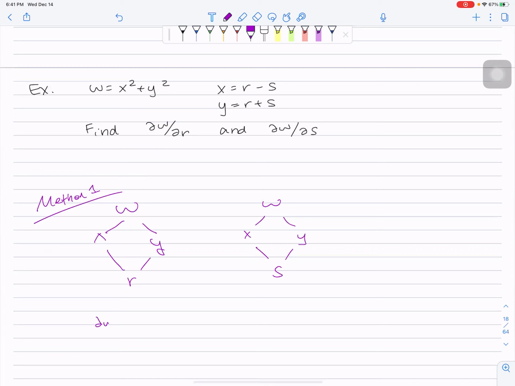And so the partial of w with respect to r is going to be this term, w with respect to x, x with respect to r, plus this path, the orange path, w with respect to y, y with respect to r. And you would do the same thing for w with respect to s. It should equal something plus something.